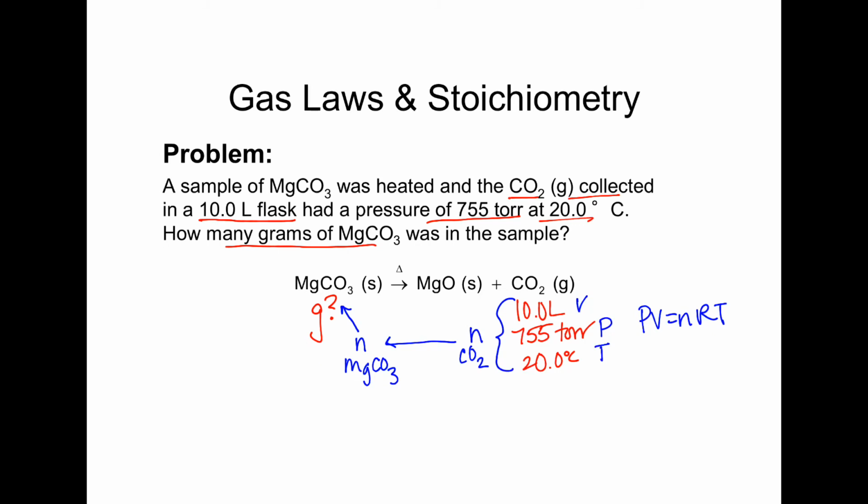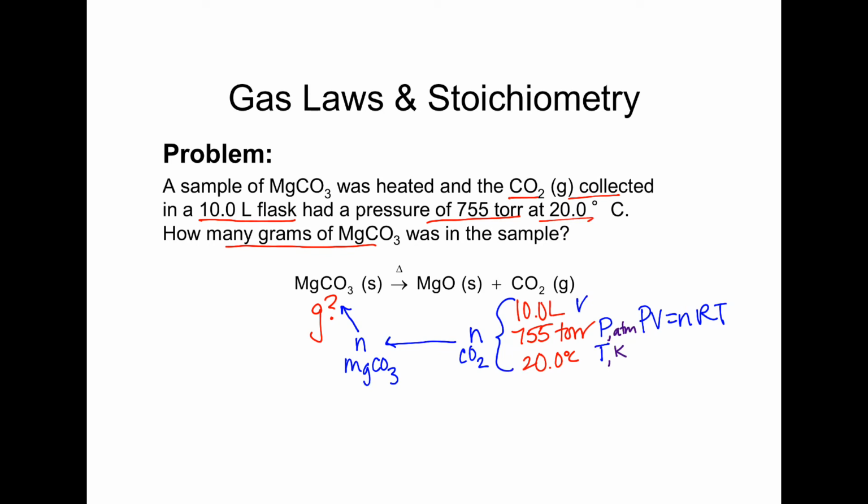I'm trying to find moles of my carbon dioxide gas. I'm going to rearrange my equation so that I get everything else on the other side. My pressure, guys, every time we use the ideal gas law, we know that the pressure has to be in atmospheres, the temperature has to be in Kelvin. So let's do those conversions first before we put them into the ideal gas law.